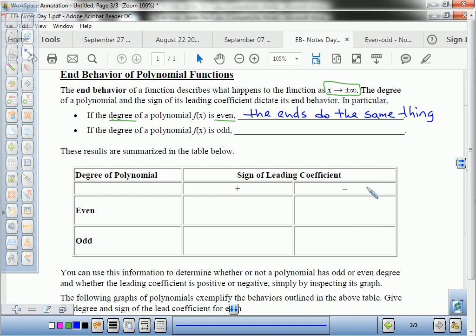Or I could say the ends go in the same direction. That would be more mathematical. All right, if it's odd, what happens to the ends? The ends go in opposite directions.